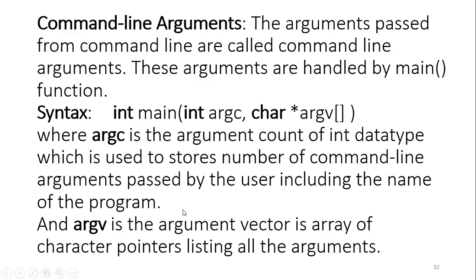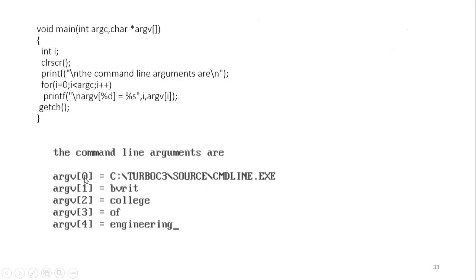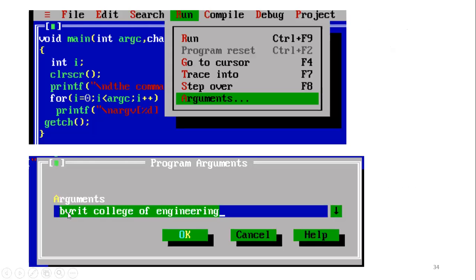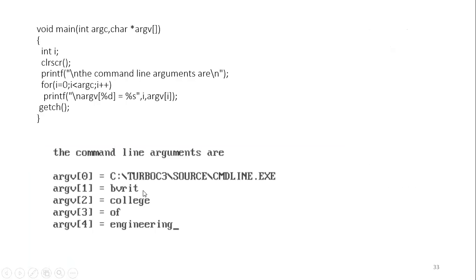So the first value, argv of 0, will be the name of the program. Arguments 1, 2, 3, 4 will be the arguments which we pass to the main function, bvrit College of Engineering. argv of 0 will always contain the name of the program.